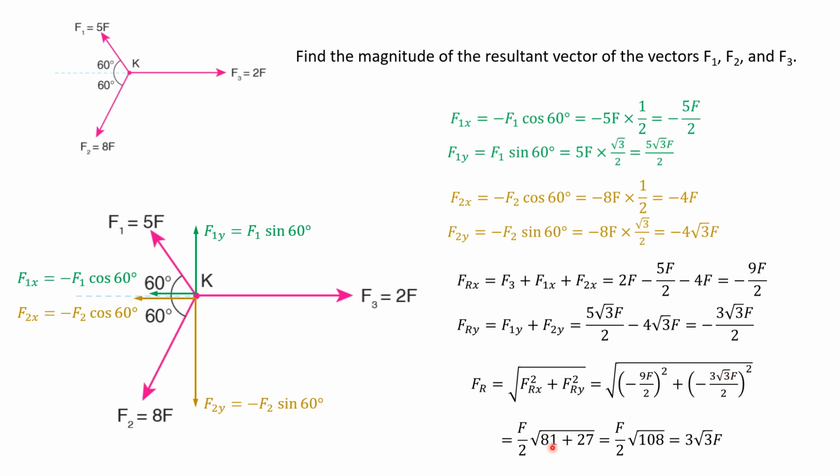Well, this is going to give us 81, 27, and 108. 108 you can write as 9 times 4 times 3. So we get 3 out, we get 2 out, 2 and 2 cancel out, so you end up with 3 root 3F. I hope this is clear to everyone. So our answer, the magnitude of the resultant vector, is 3 times root 3 F.